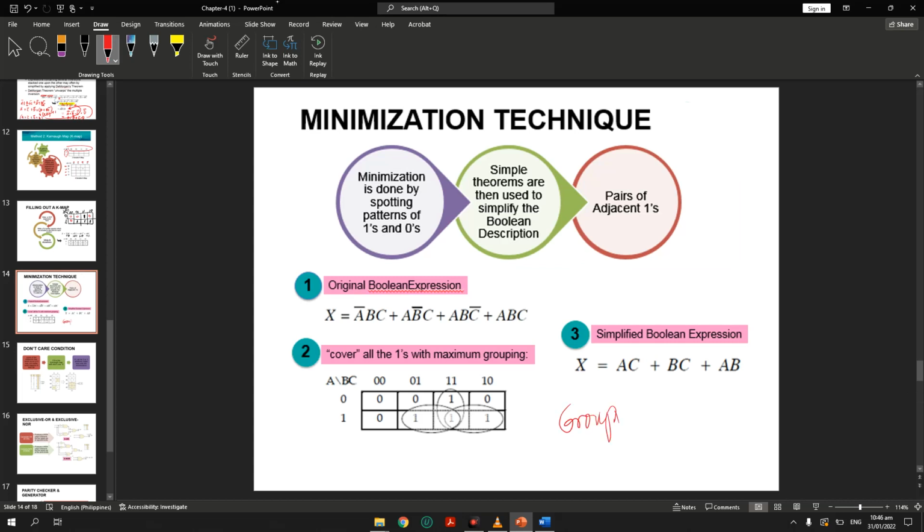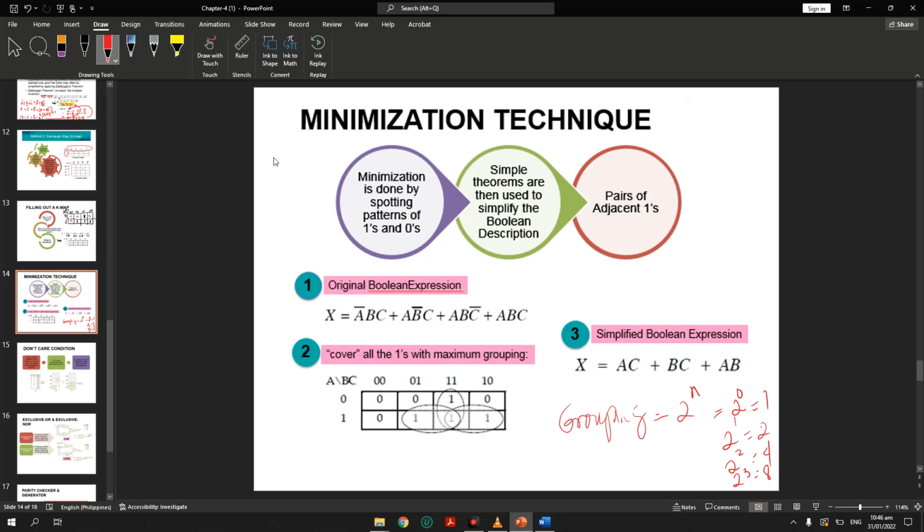Groupings can be done in a value of 2 raised to n. That means you could group 2 raised to 0, which is equal to 1, 2 raised to 1 equal to 2, 2 raised to 2 equal to 4, 2 raised to 3 equal to 8, and so on. So you can group ones by themselves, or two ones, or four ones, or eight ones, which are adjacent to each other.